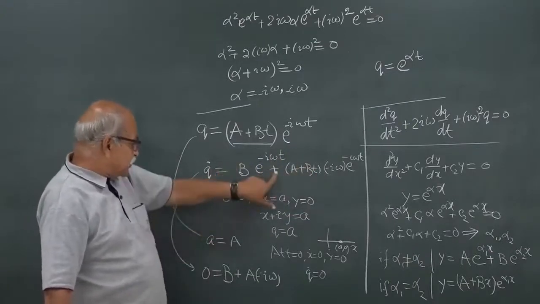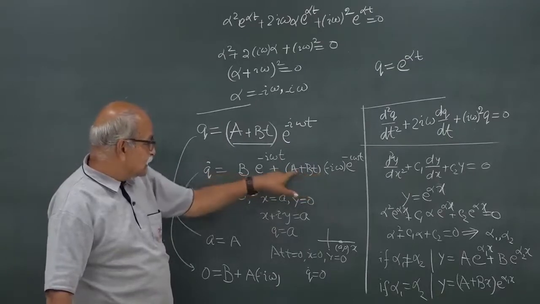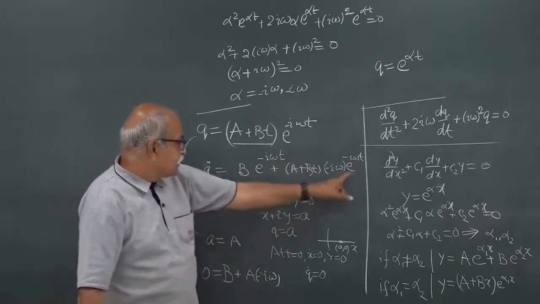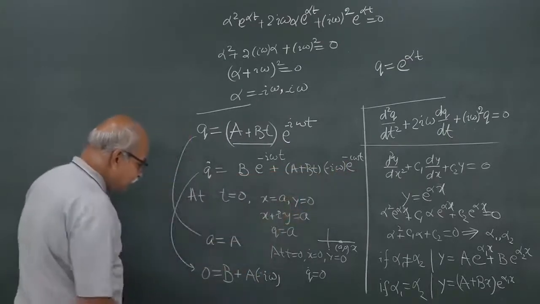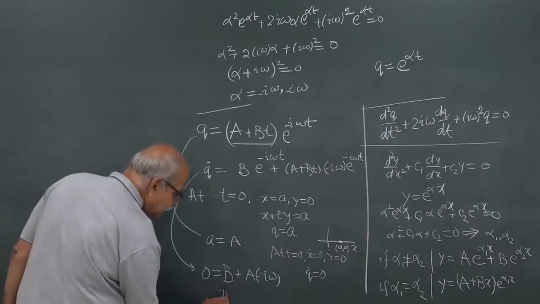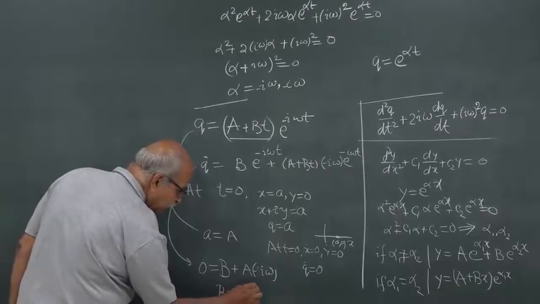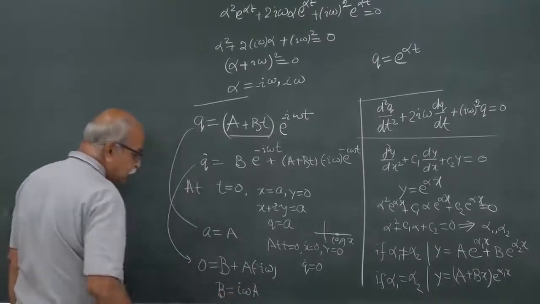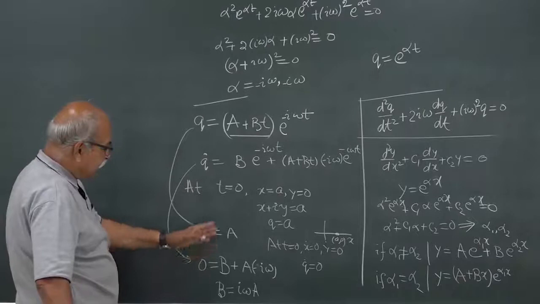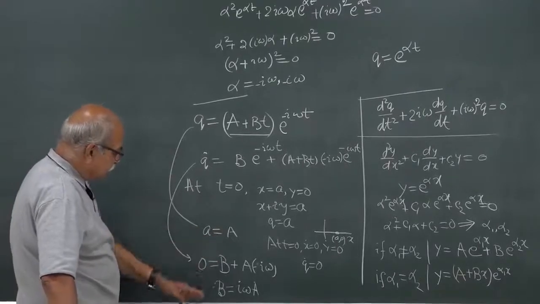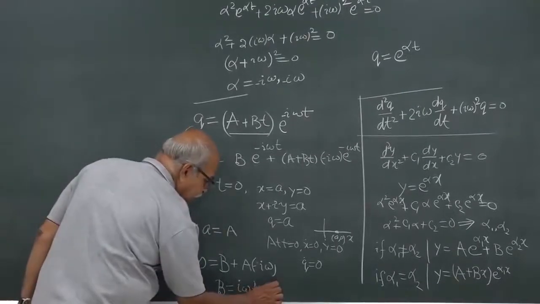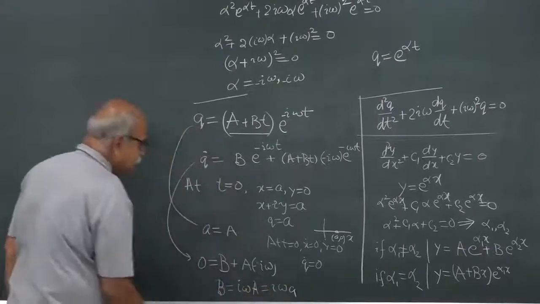So, capital B plus t equal to 0. So, this is capital A, this is 1. So, it is minus I omega, and this tells me that B is equal to I omega A. So, B is equal to I omega A. I know now what is A and what is B. This is I omega small a.